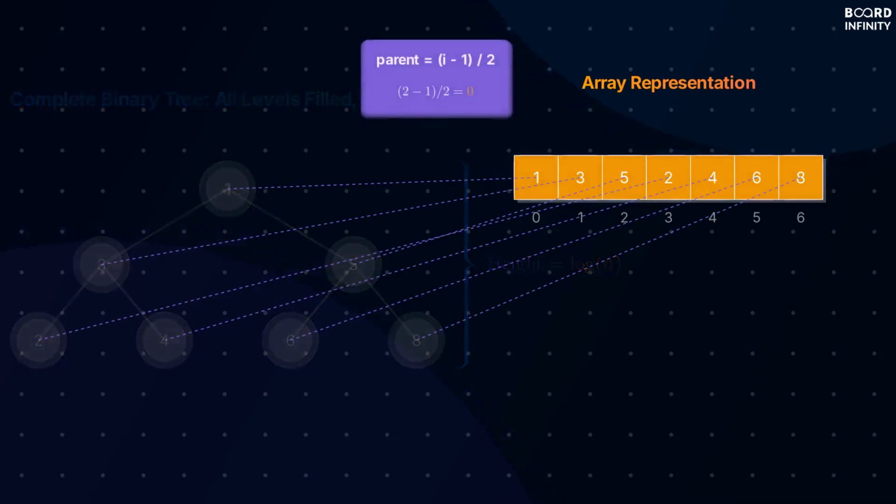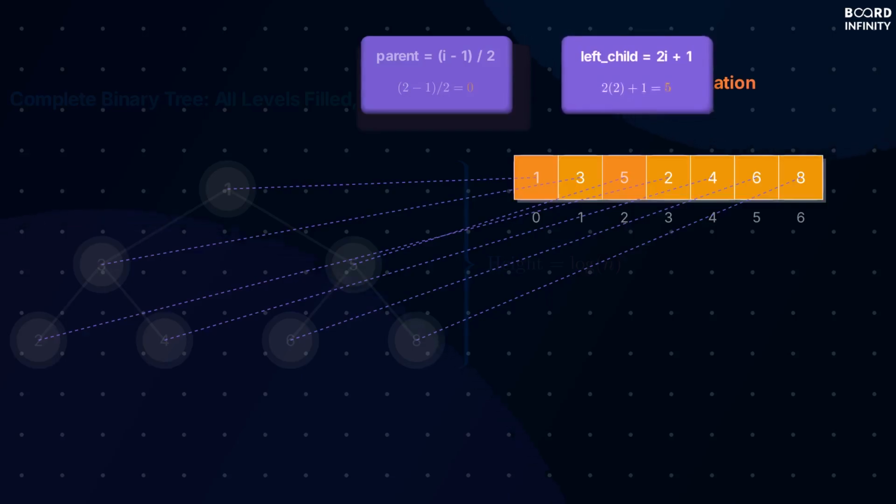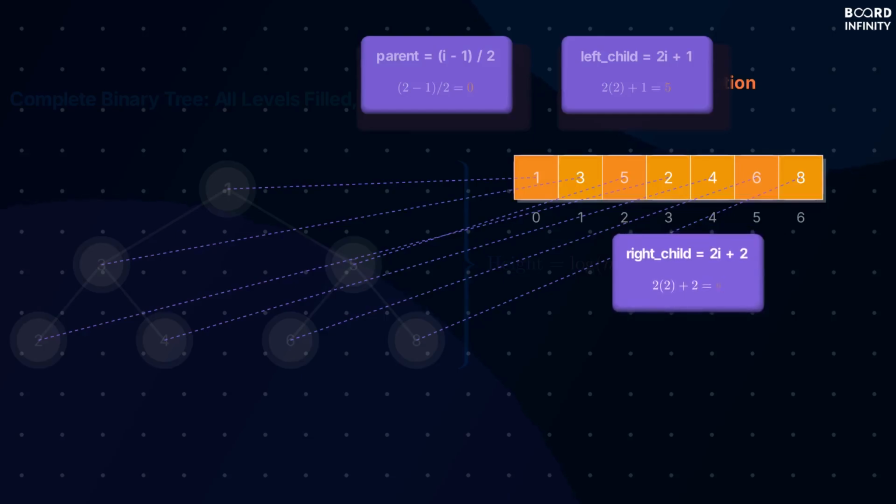For an element at index i, its parent is at index (i-1) divided by 2. Its left child is at index 2i+1, and its right child is at 2i+2. These simple arithmetic rules allow us to traverse the tree structure without any explicit pointers.